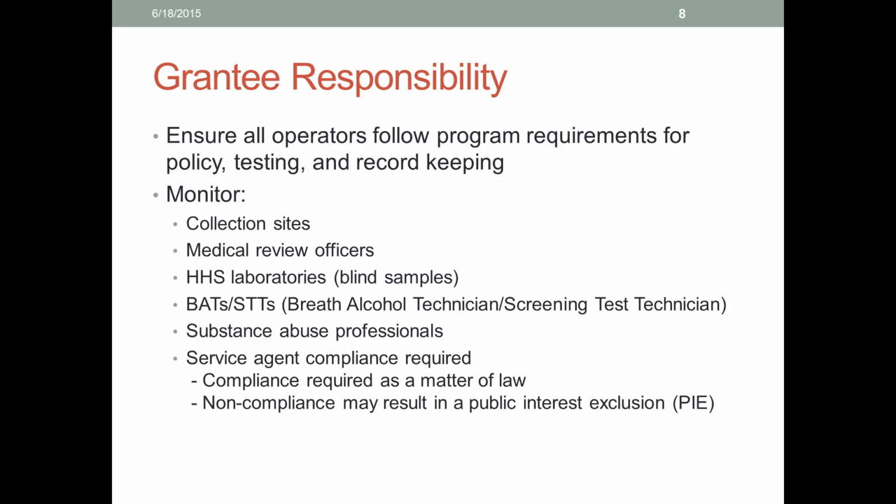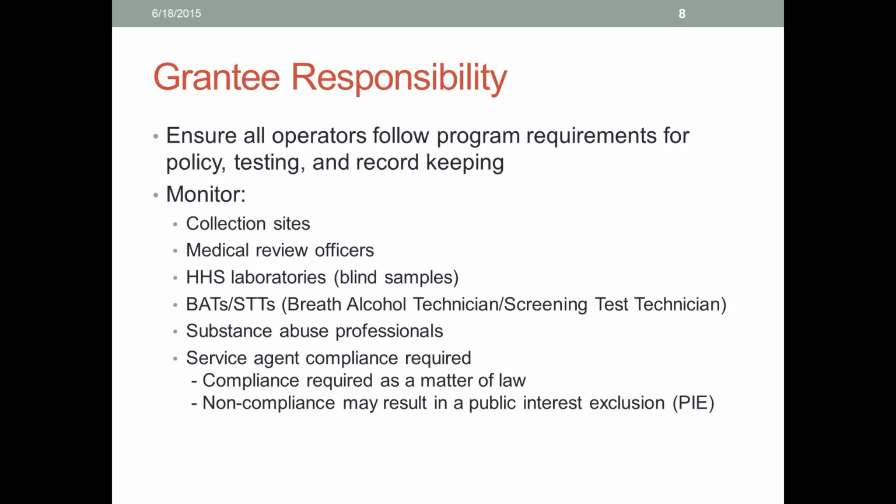That's what they agree to when they enter into their agreement with the Federal Department of Transportation to be a qualified, certified, credentialed participant in this program. And that's part of the responsibility that we have as primary recipients, and part of the responsibility that is passed along to all of our subrecipients. So everything that we're looking at, making sure everybody's in compliance with, all of our subrecipients have the same responsibility.